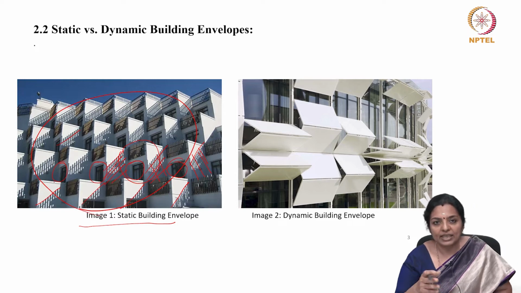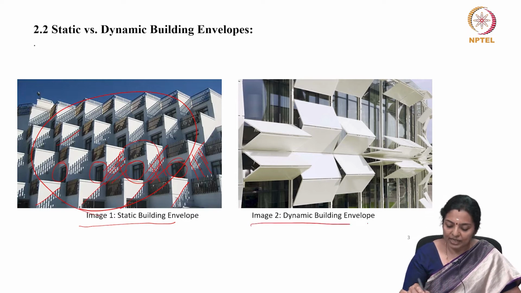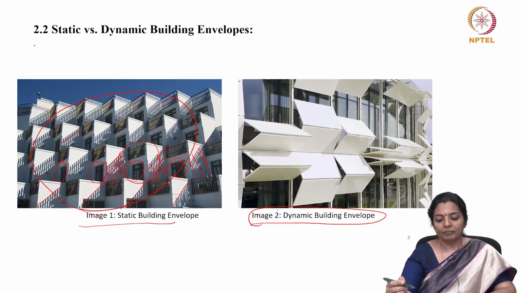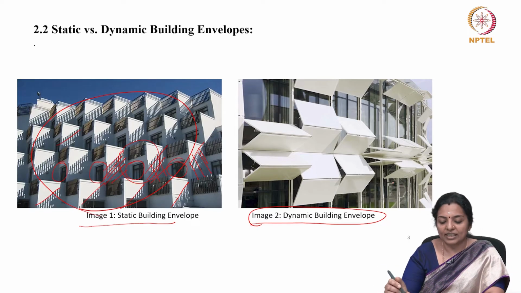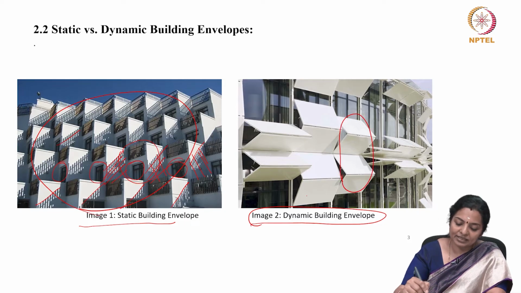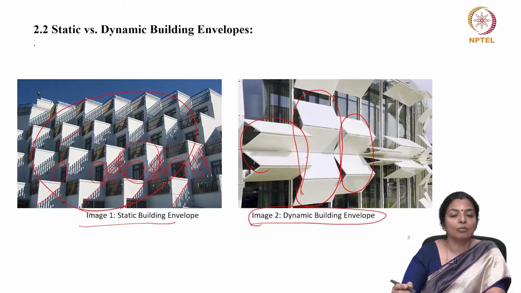Whereas now you look at the adjacent picture, which is the dynamic building envelope. Here you can see that the building has certain elements which are dynamic and movable.